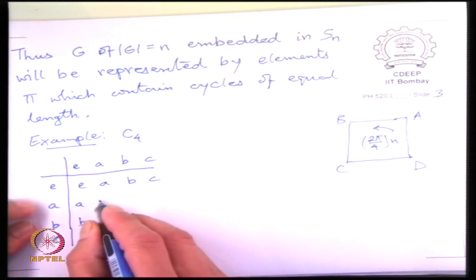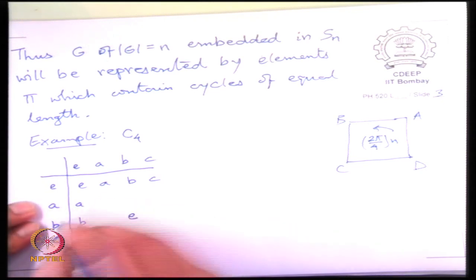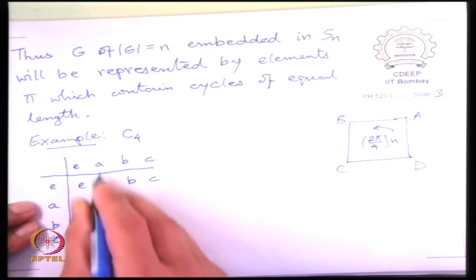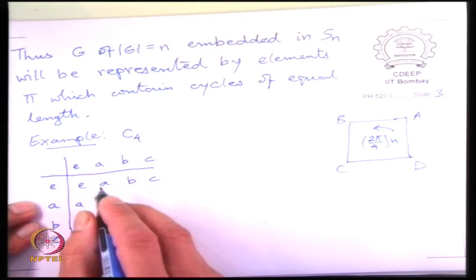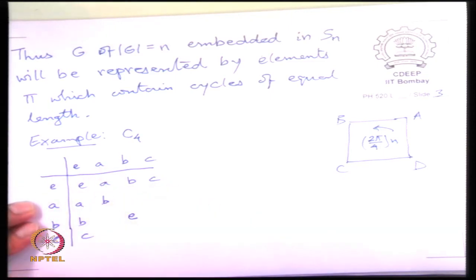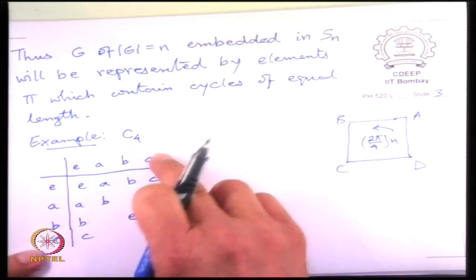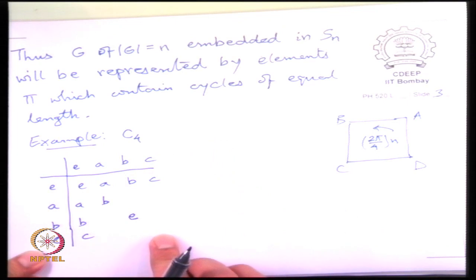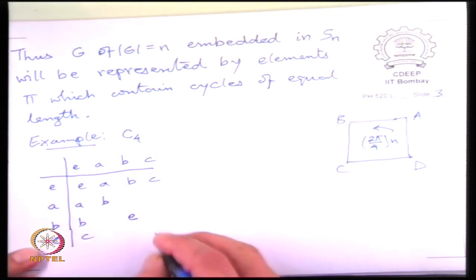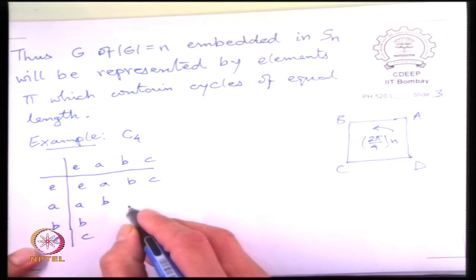So A squared actually became B: 2 pi by 4 rotations twice becomes a pi rotation. So A times A is actually B. Similarly, C times C also becomes B, because 3 pi by 2 rotation and another 3 pi by 2 rotation becomes B. So this is essentially what the multiplication table is.